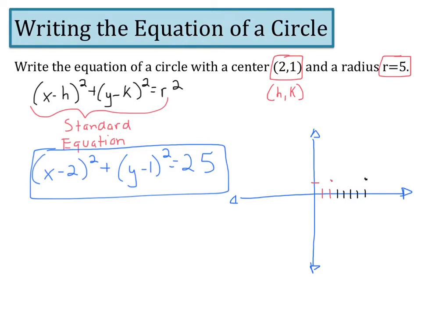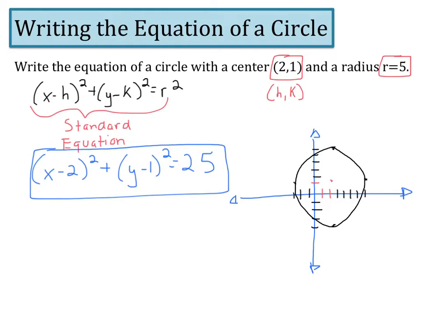We go up 5, and we go down 5. Then from here we just connect the dots. So not a perfect circle, but that's the idea.